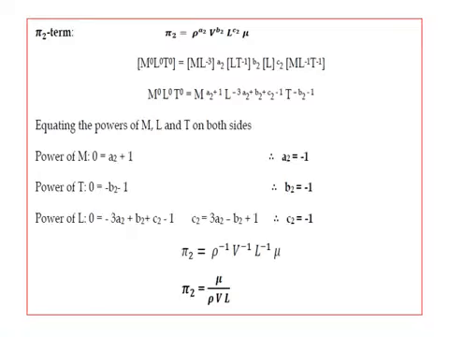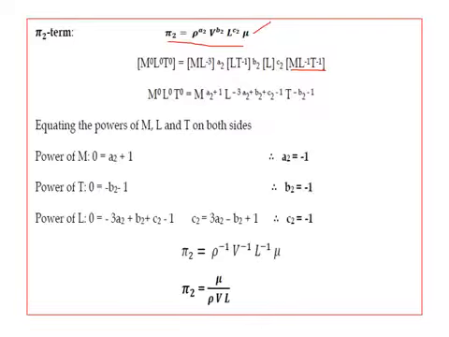Now again for pi 2 we have the non-repeating variable mu, so we substitute M L^-1 T^-1. Similarly we know the dimensions for rho, V, L. Now we equate, making it dimensionally homogeneous. For M it is a2 + 1, for L it is -3a2 + b2 + c2 - 1, and for T it is -b2 - 1.